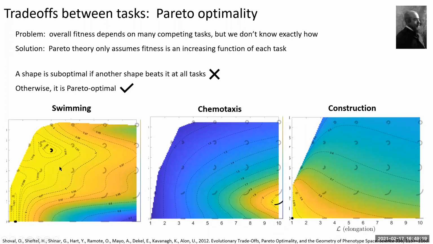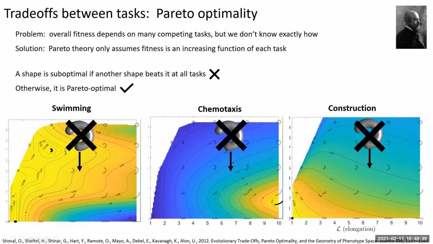So if a certain body shape cannot be beaten at every task at once, then it's Pareto optimal. That's all it is. So if we imagine this donut-like shape up here at the top, and we imagine comparing it to something that's less curved, lower. So imagine going down here on the swimming efficiency graph. You're actually going to improve swimming efficiency here going down, if you squint.